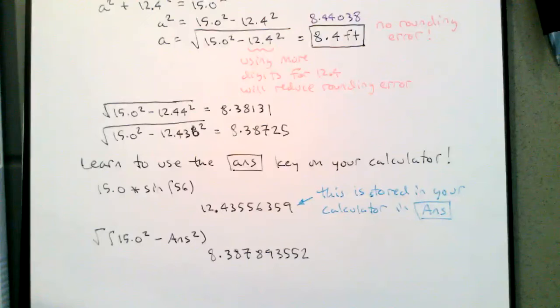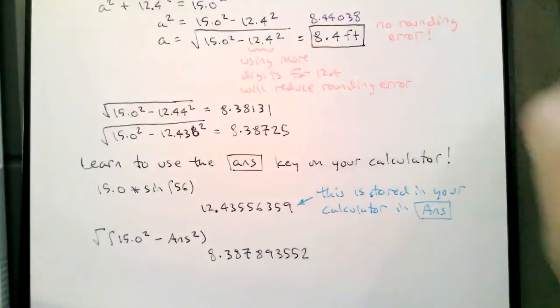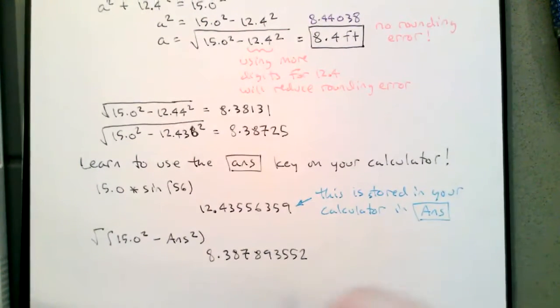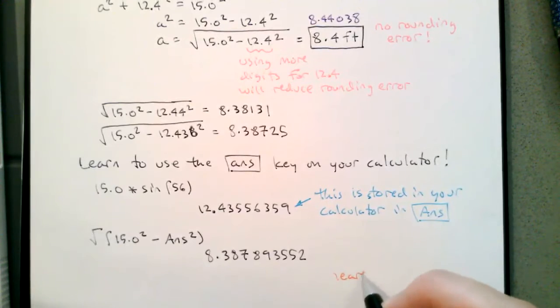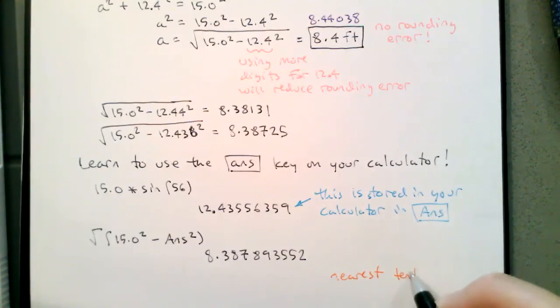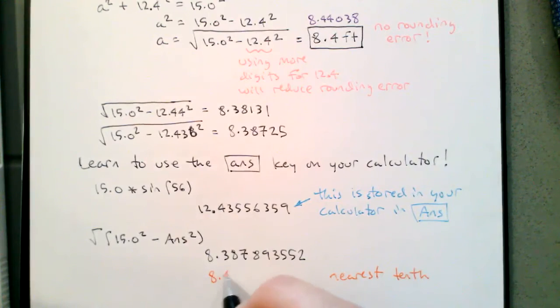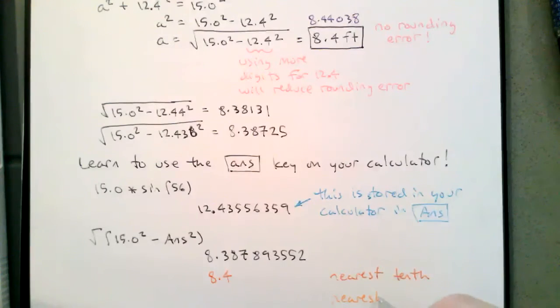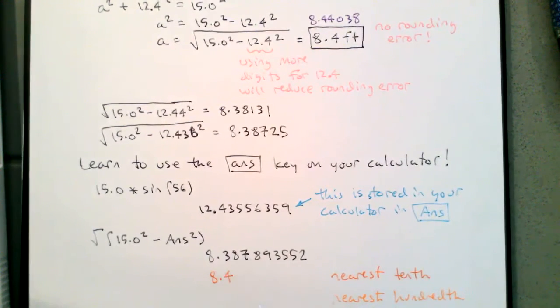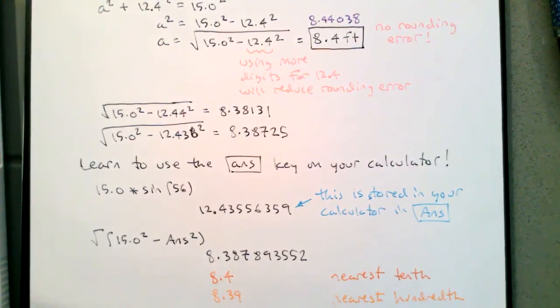Also, don't write all these digits down. If I say round to the nearest tenth, then you only get to write one decimal place to the right of the decimal point. So to the nearest tenth, this is going to be 8.4. If I ask for the nearest hundredth, that would be 8.39, and so on.